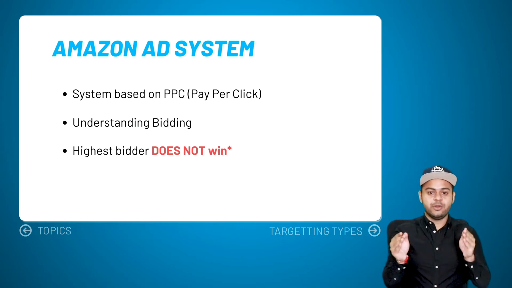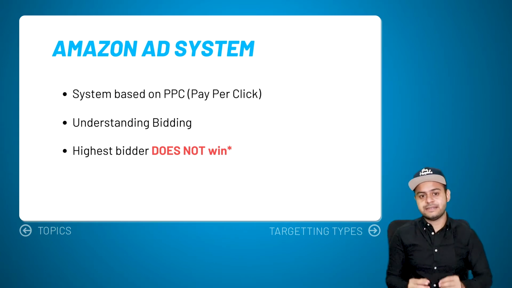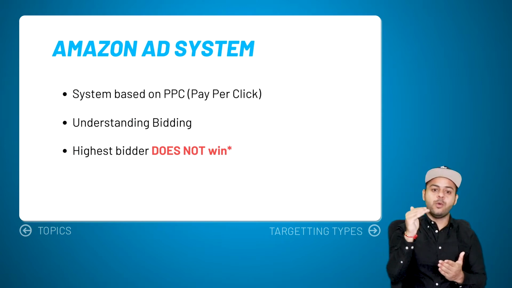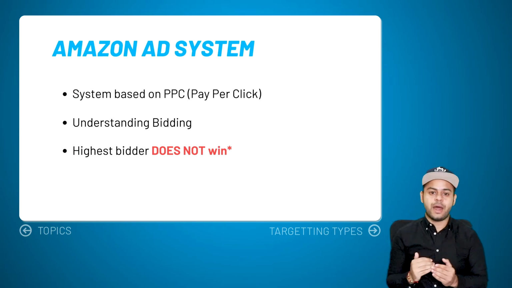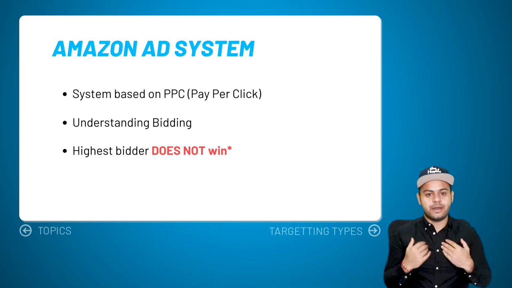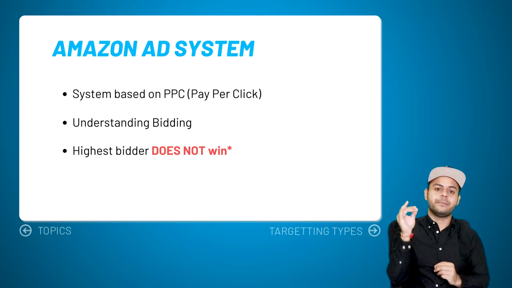Now, the next bit that you need to understand very clearly about Amazon's ad system is that it's a bidding based platform. Let's say you are one seller trying to show your ads for everybody searching for the keyword garlic press on Amazon, and you tell Amazon, all right, I am an advertiser, I'm willing to pay you 50 cents per click.